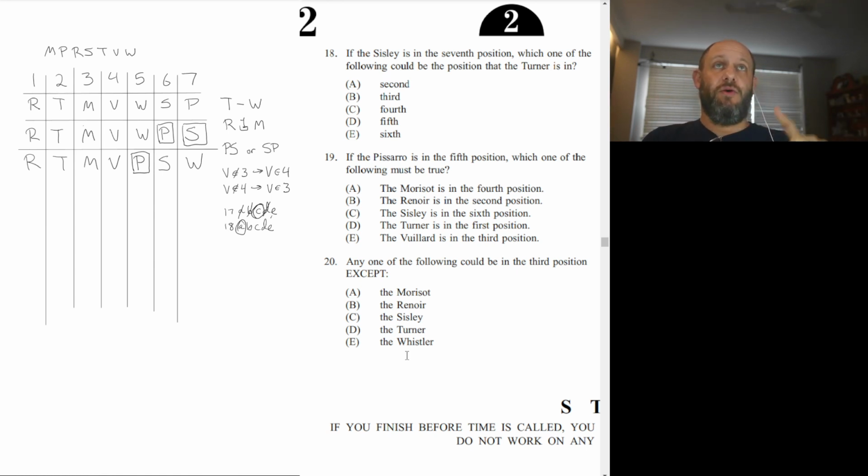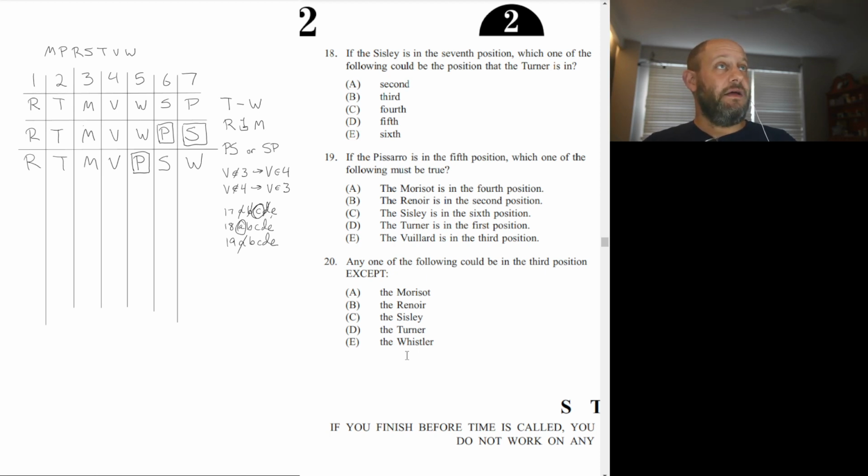T before W, R split by 1 by M, P is next to S, and V is either third or fourth. That was fine, and I don't have M fourth. That means that 19A is not my answer, because I've demonstrated that it can be false. I'm going to cross out B, C, D, and E as well, and I'll move on to B.